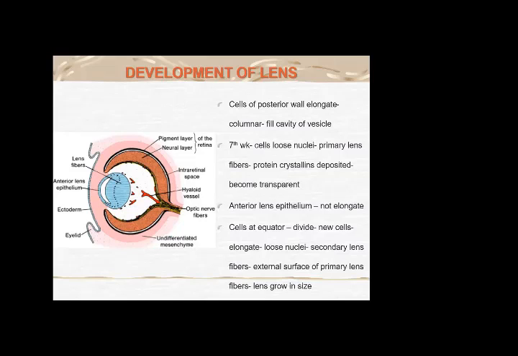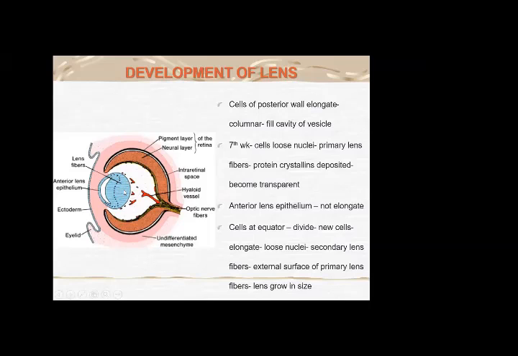Gradually, more cells develop on the surface at the equator. These cells also later on lose their nuclei and become secondary lens fibers. Okay? The secondary lens fibers are formed external to the primary lens fibers.